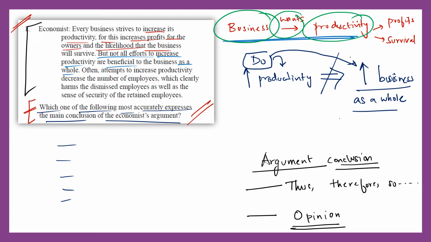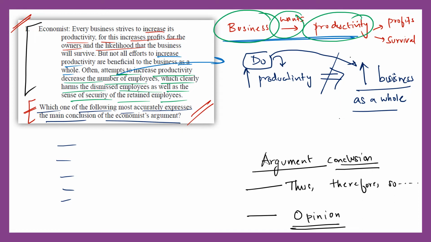The next line here says that often attempts to increase productivity decrease the number of employees, which clearly harms the dismissed employees as well as the sense of security of the retained employees. So it gives you an example here of what you can do, right? An attempt is something you're doing, an effort is something you're doing, okay?